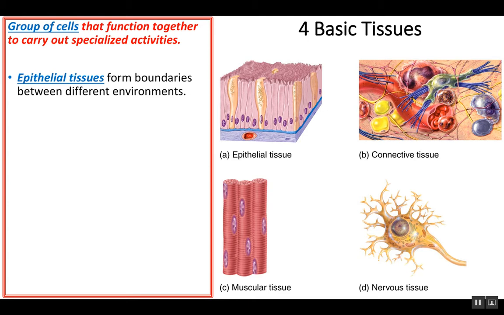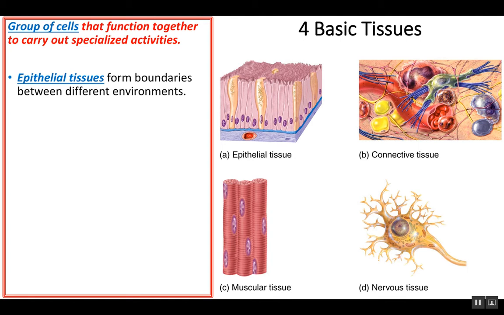Epithelial tissue comes in a lot of different varieties, and we'll talk about this variation between epithelial tissue, but some epithelial tissue has to be more protective, like the epidermis has to be very protective. Some epithelial tissue is very thin, so it's not necessarily protective, but it allows substances to cross it very easily.